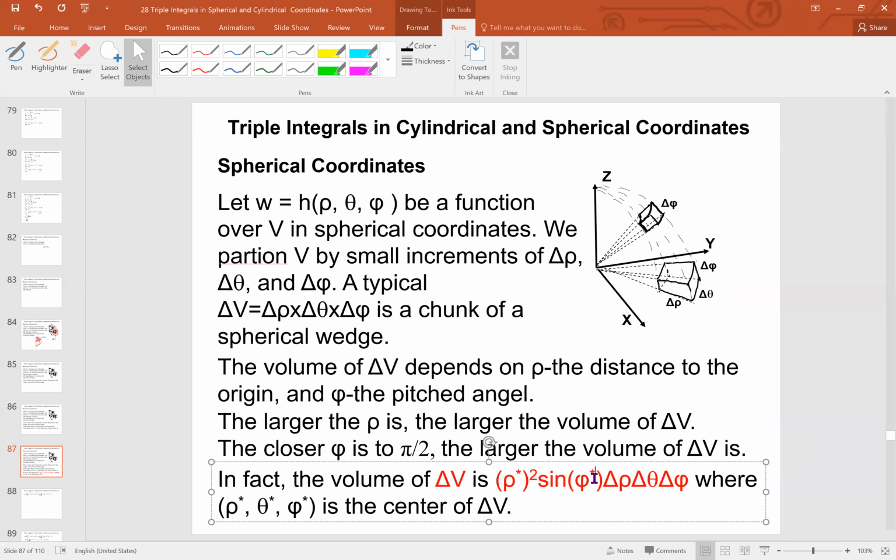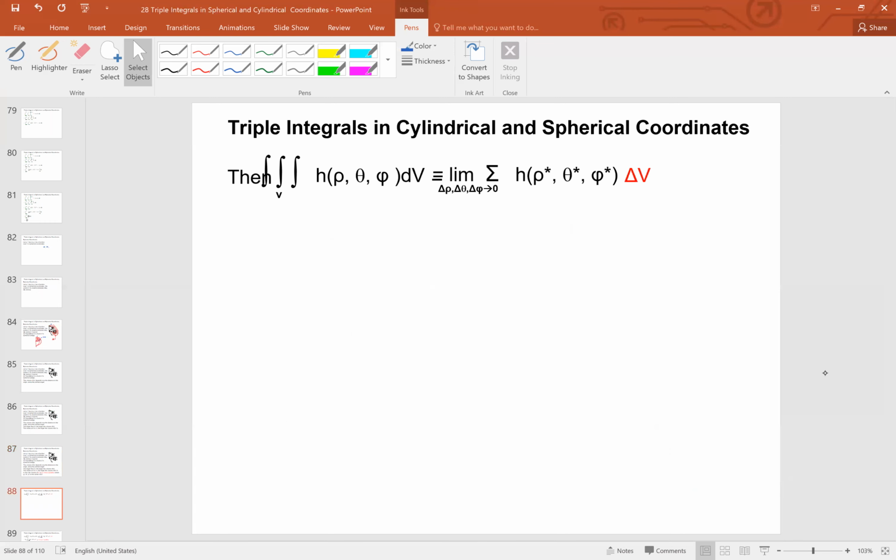But when the angle you're pitching at is already close to 90 degrees, then sine of 90 degrees is 1, and you're going to pick up a big chunk. That's what this differential says.